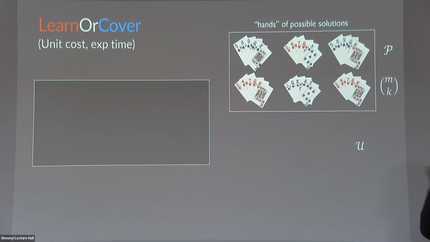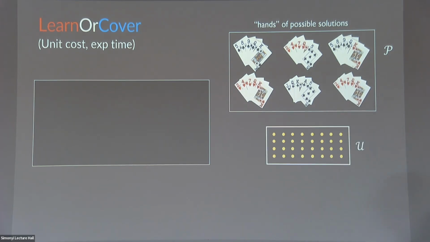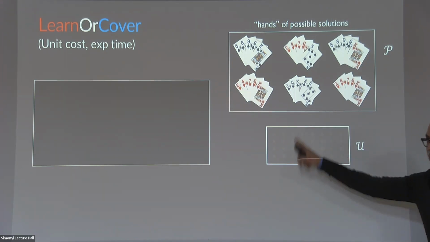And of course, chances are you're already seeing the solution right now. So these are all possible hands. There are n elements which are going to be revealed to me. I don't know them, they're hidden. They are going to be revealed in random order.